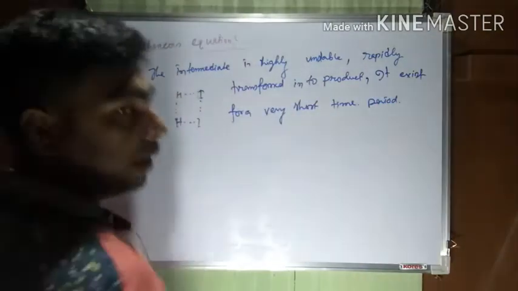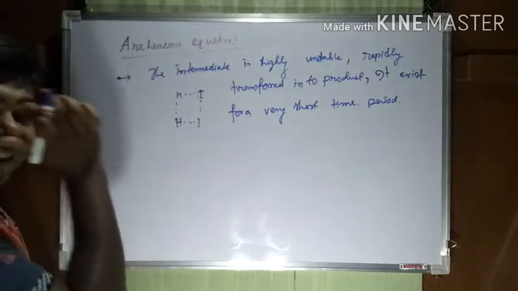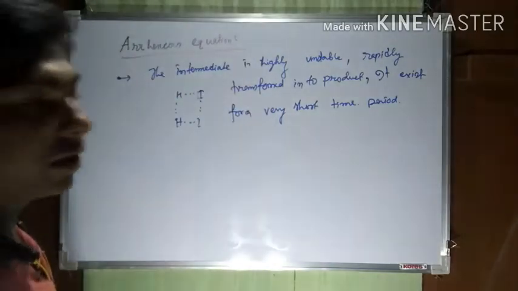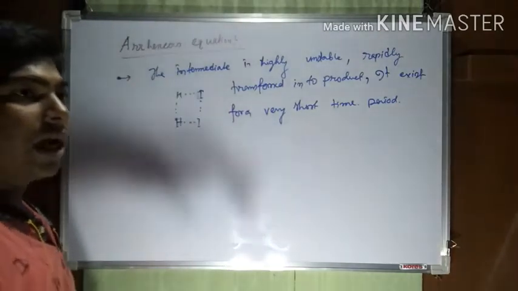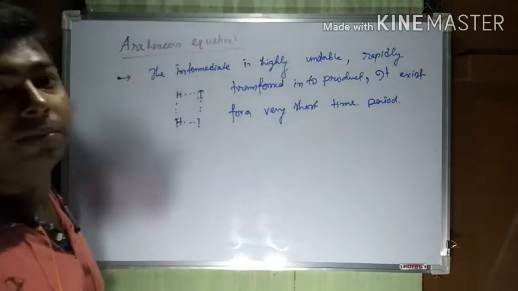This is the main concept of the intermediate. Since it is highly unstable, that means it has high energy.